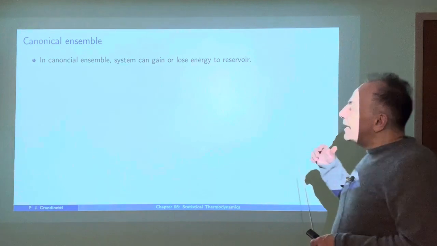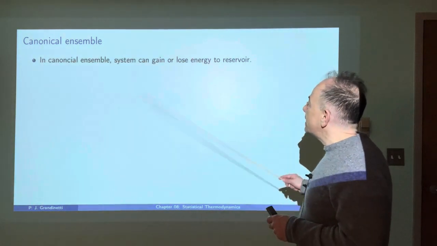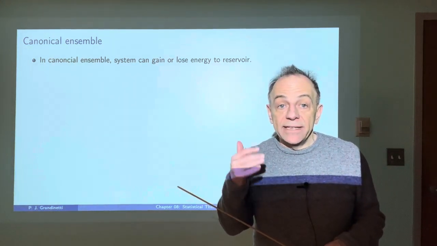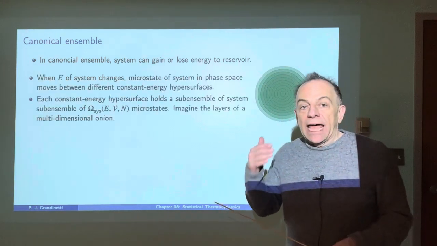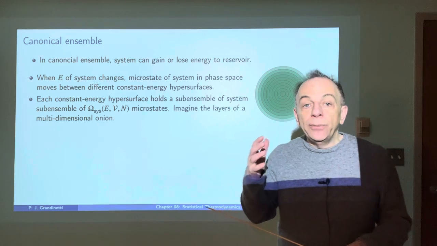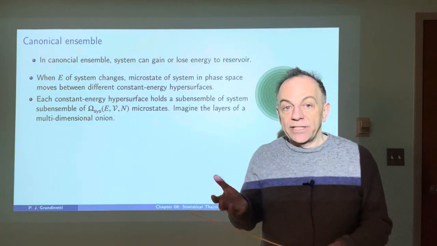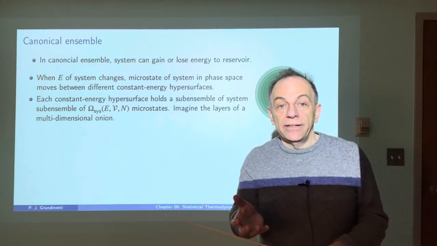Now, in the canonical ensemble approach, the system can gain or lose energy to the reservoir because of these diathermal boundaries. Okay? Now, when the system energy changes, it's going to move from one constant energy hypersurface in its phase space to another constant energy surface in its phase space.